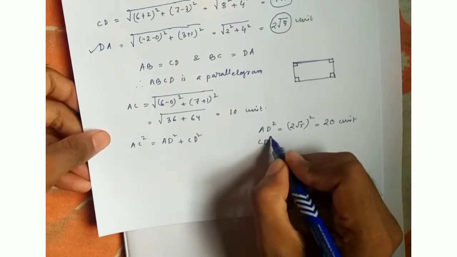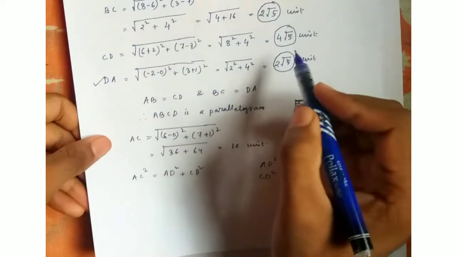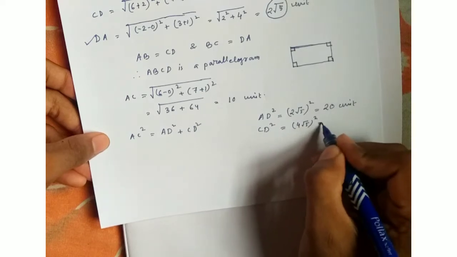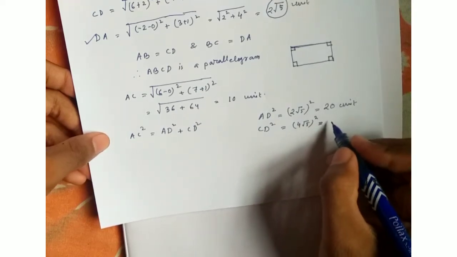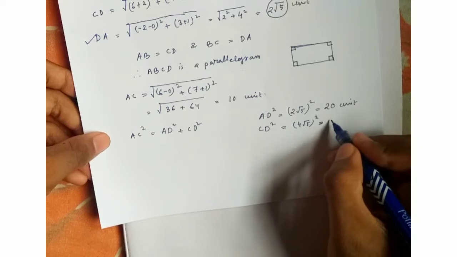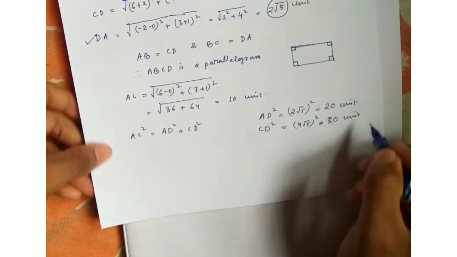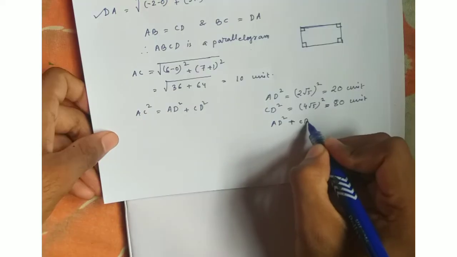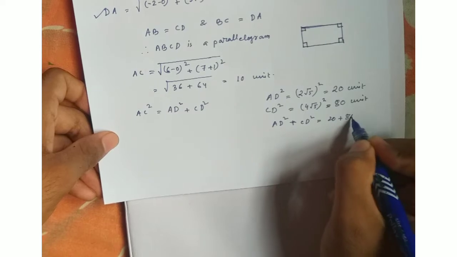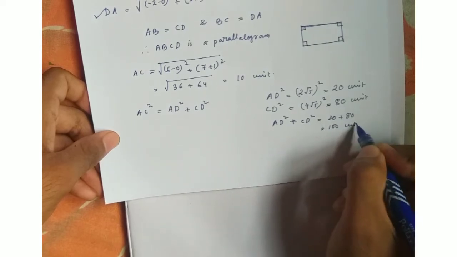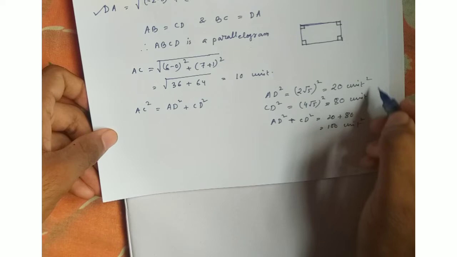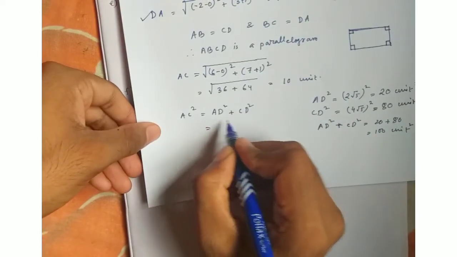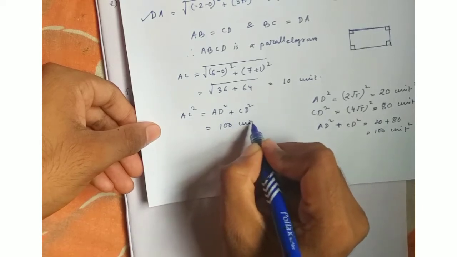And CD is 4 root 5 unit, that is 4 root 5 whole square, 4 square 16 into 5, 80 unit square. So AD square plus CD square is equal to 20 plus 80, that is 100 unit square.